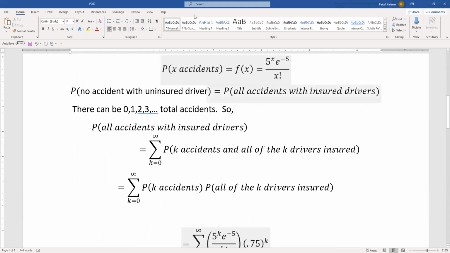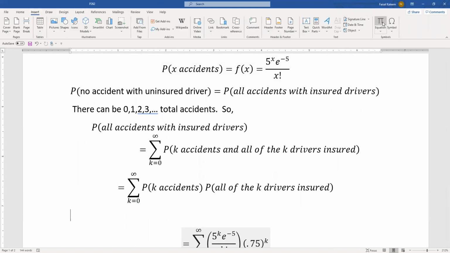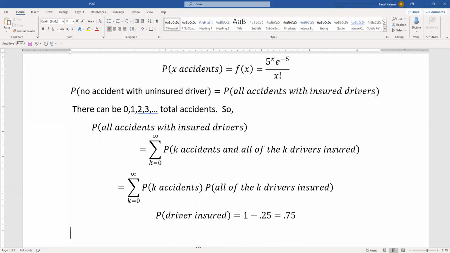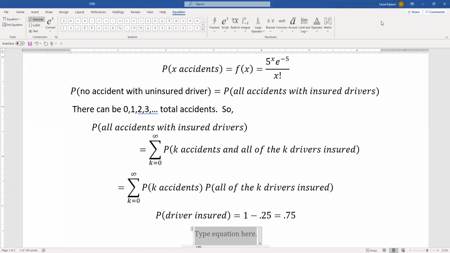So therefore, the probability that the driver is insured will be 1 minus 0.25, equals 0.75. And the probability k drivers insured would be 0.75 power k.